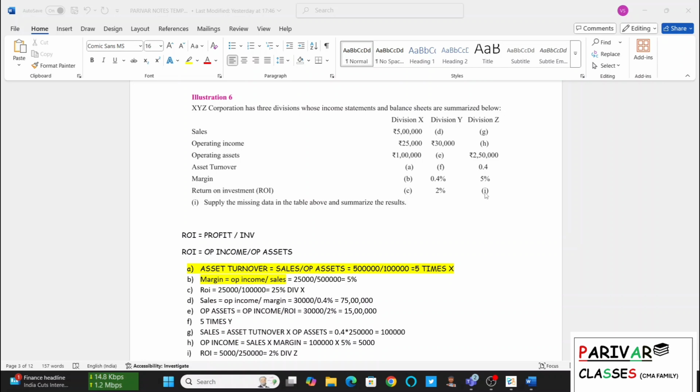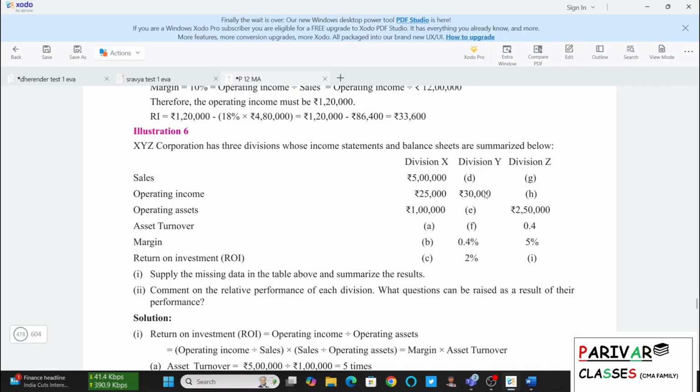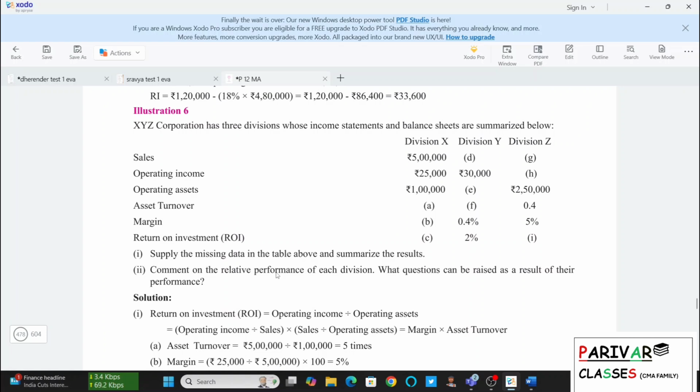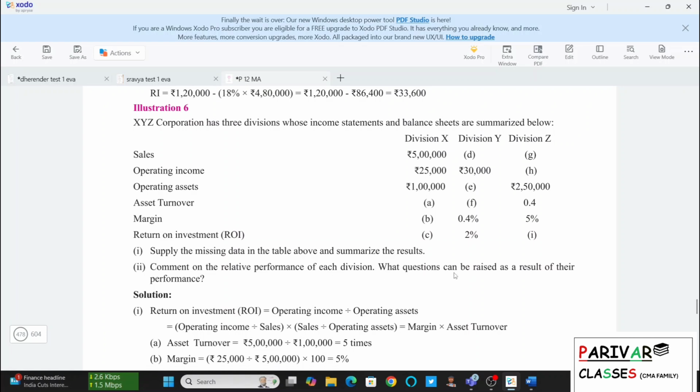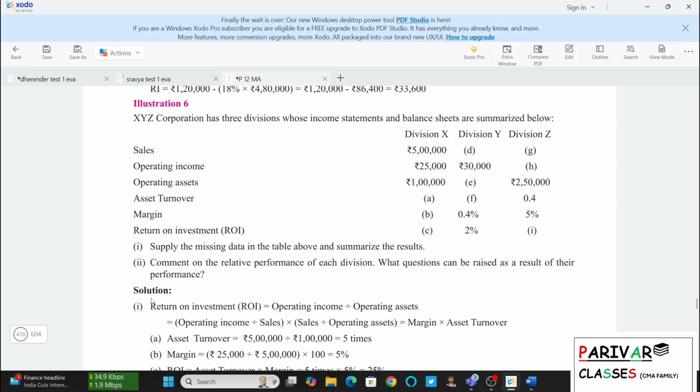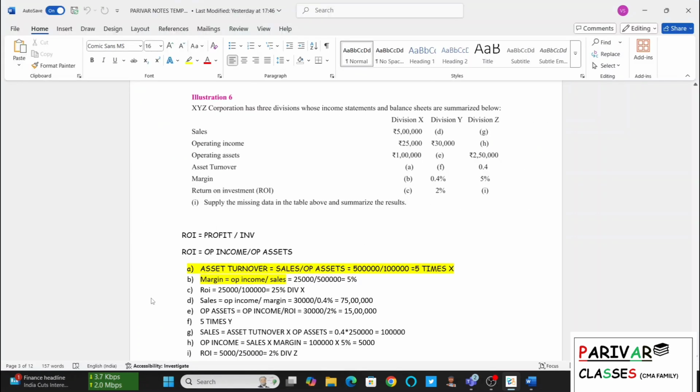Now we will see the second part of the question. Comment on the relative performance of each division. What questions can be raised as a result of their performance? He is asking to compare the three divisions' performance and comment. Division Y is having 2% ROI. It is given in the question only. For division X, we calculated ROI as 25 percentage.